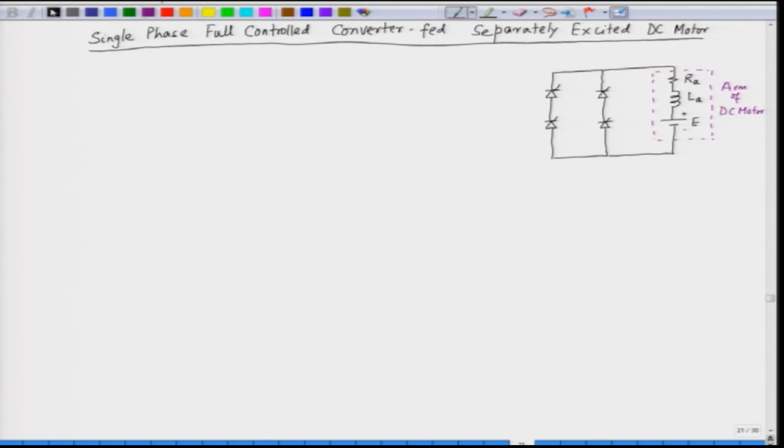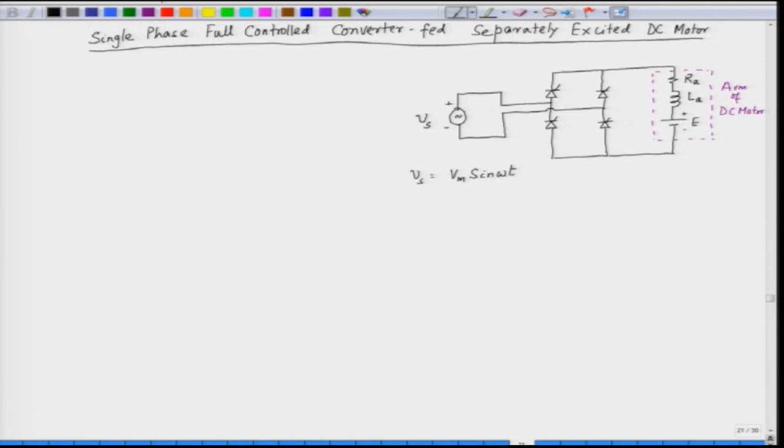The input is fed from an AC source with instantaneous voltage Vs, so we can say Vs is Vm sin omega t.